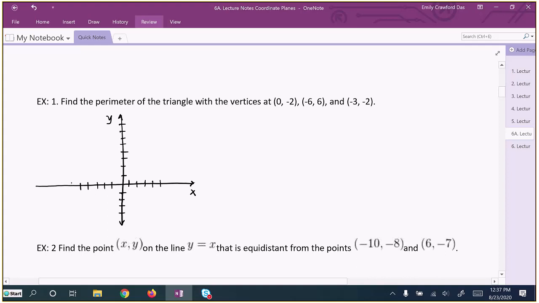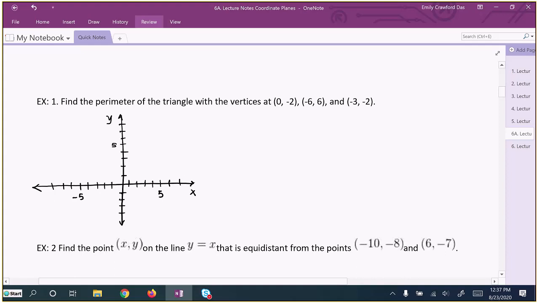And we'll just say each of these represents 1 unit. So 1, 2, 3, 4, here's -5 and +5 and +5.